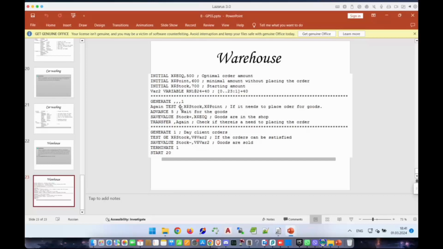So if stock is less than point, so if left products is less than 600, then we're going to the next code line. Since here there is no else case and there is no line to which we are sending the transact, it means that if the equation is not correct, we are checking the equation again and again till the case when it will be correct.